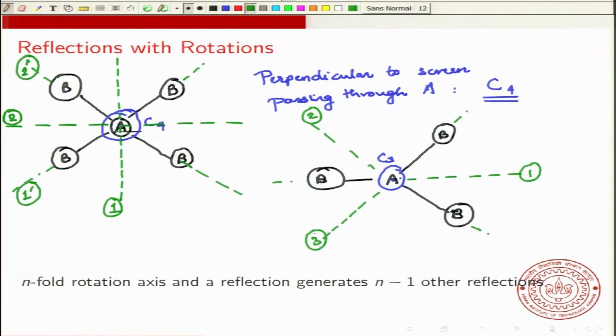So, you can see that this C3 and this 1 ensured that you have two more mirror planes. So, this is a property that mirror planes are generally found. You find multiple mirror planes whenever you have a Cn axis that contains that mirror reflection.